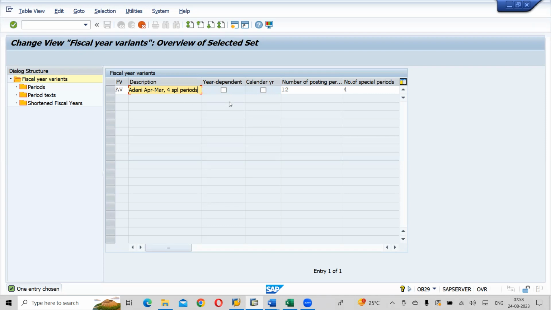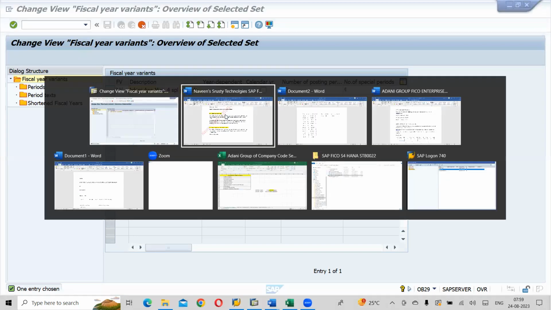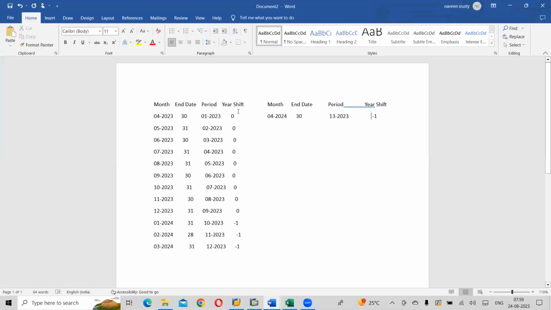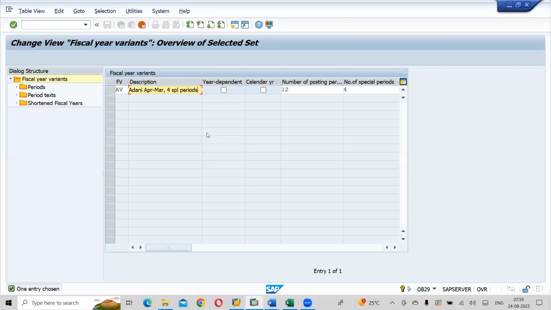We'll discuss in tomorrow's session what is year dependent. Is it a calendar year? No, it's not a calendar year, correct? So what is year dependent and non-year dependent? I'll explain. If we mention any specific year, 2023 or 2024, then it becomes year dependent. Are we mentioning any specific year here?